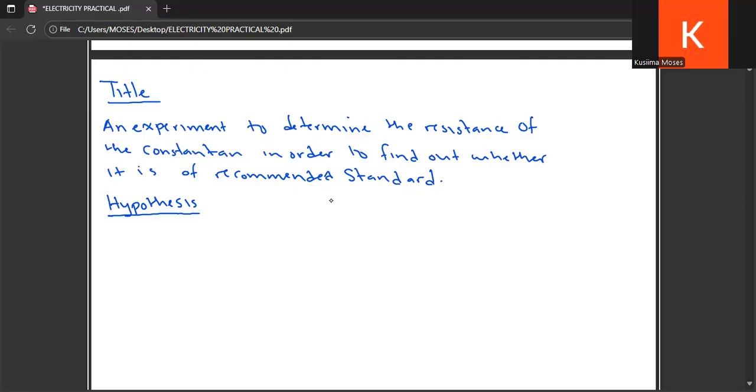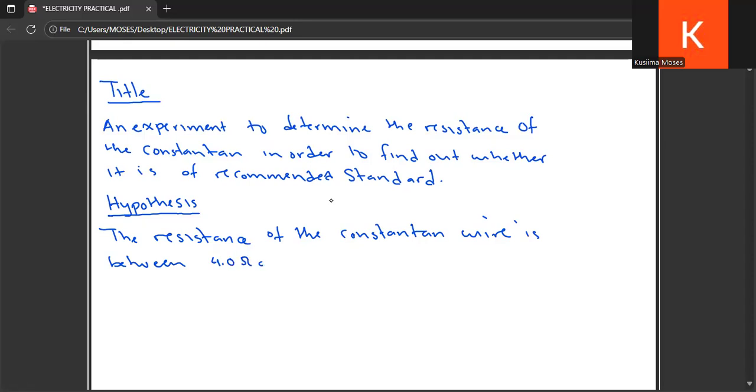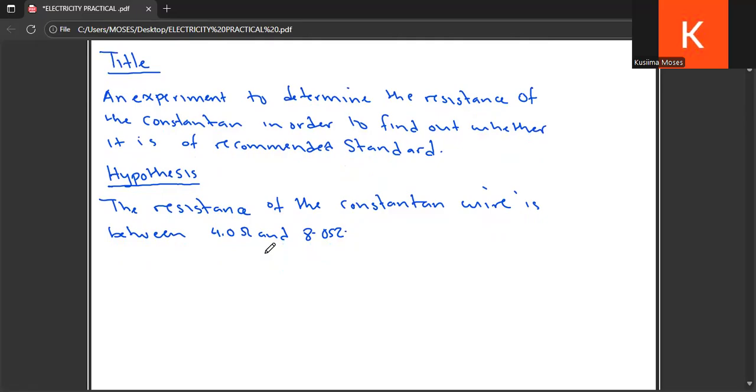You shall say the resistance of the Constantan wire is between 4.0 ohms and 8.0 ohms. That is going to be our hypothesis. I'm just picking it from the scenario.